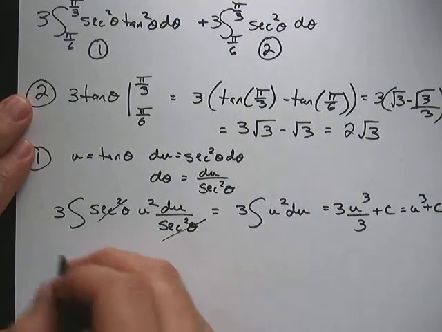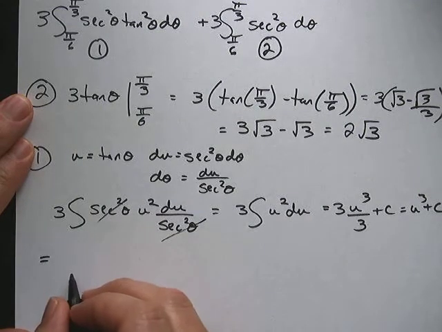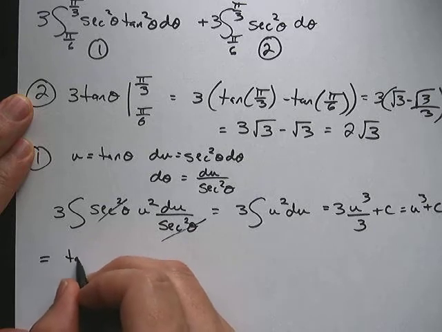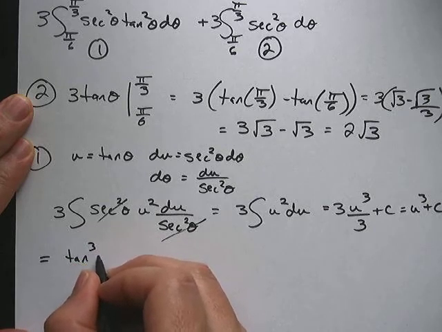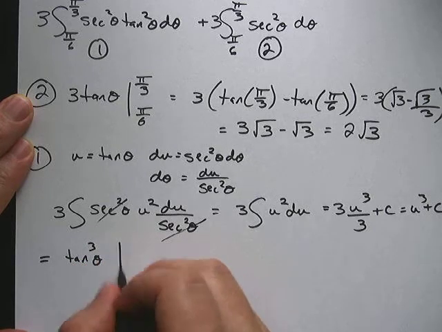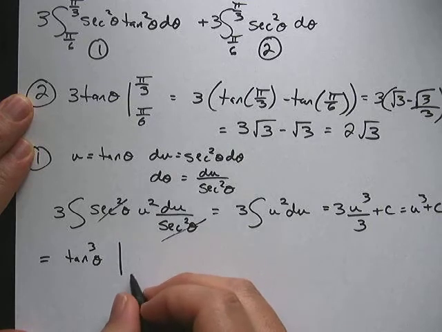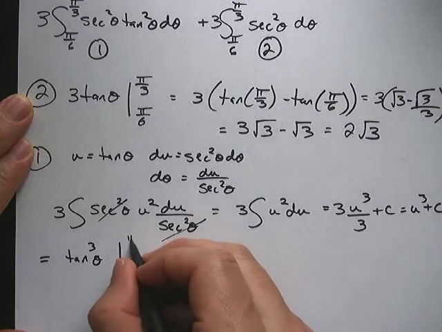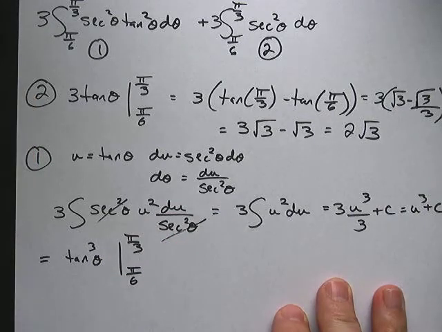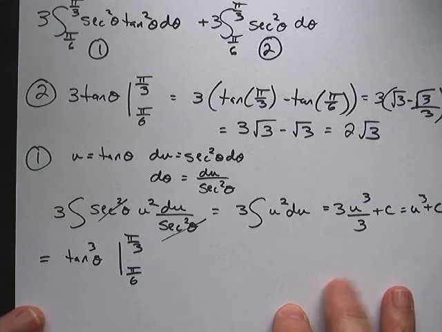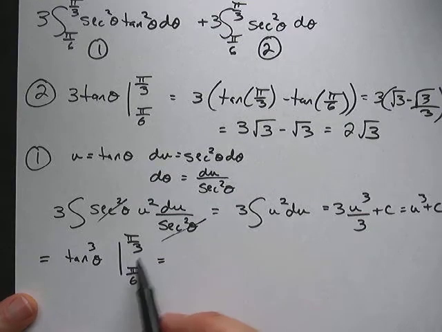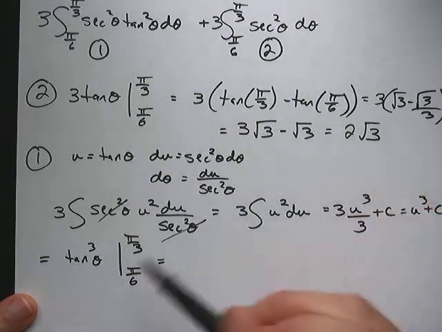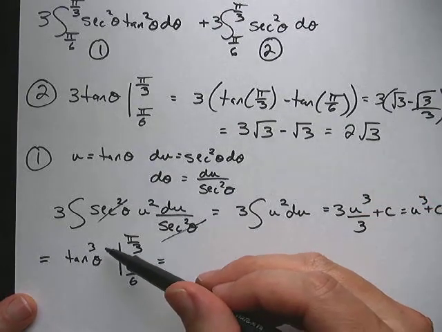So we get, this is all equal to tangent cubed theta from pi over 6 to pi over 3. Okay, and when we substitute those back in, we've already seen the values up here. We plugged in the same thing, except it's just going to be cubed.